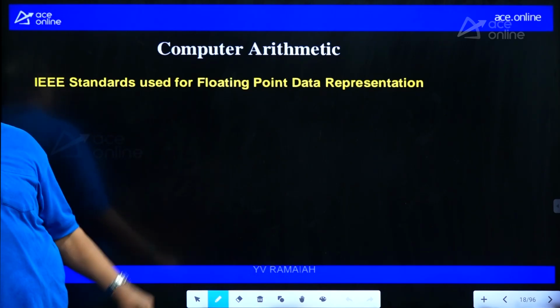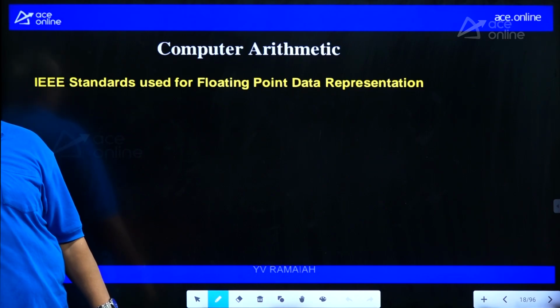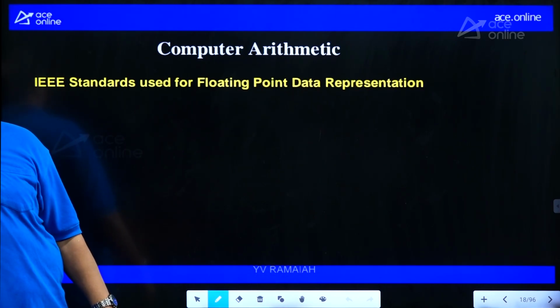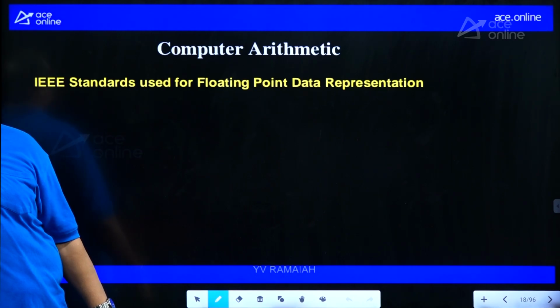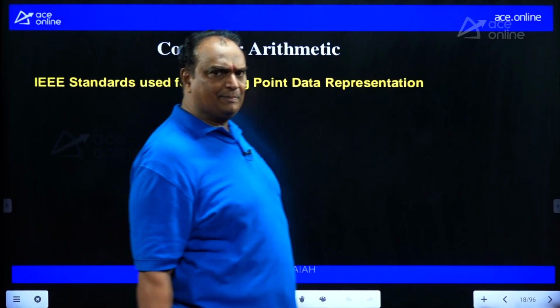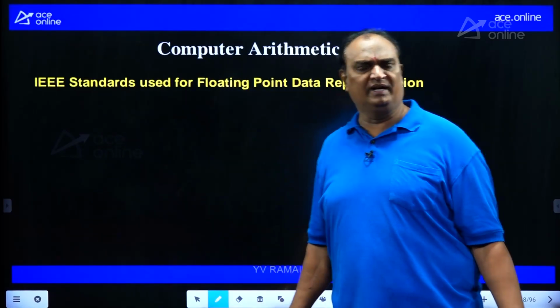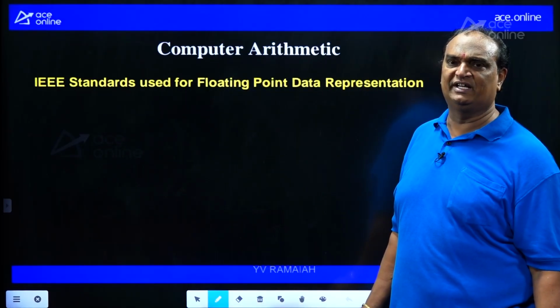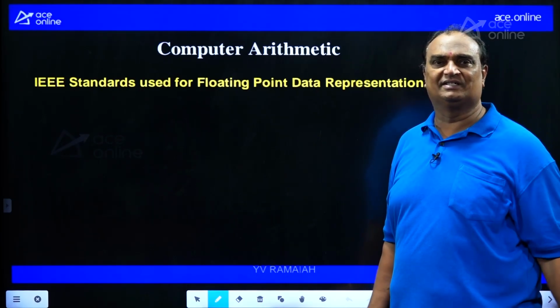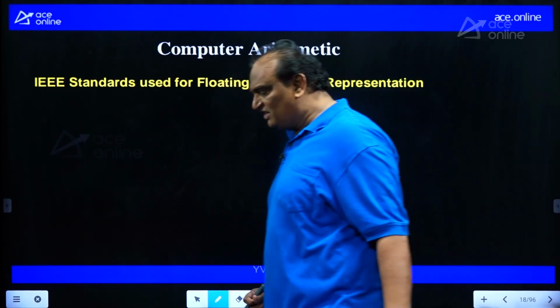That's why, while representing floating point data in a register, the MSB is allocated for the sign of the mantissa and no bit is allocated for the sign of the exponent. Why? The signed exponent is converted into an unsigned exponent. That unsigned exponent is technically known as the biased exponent.